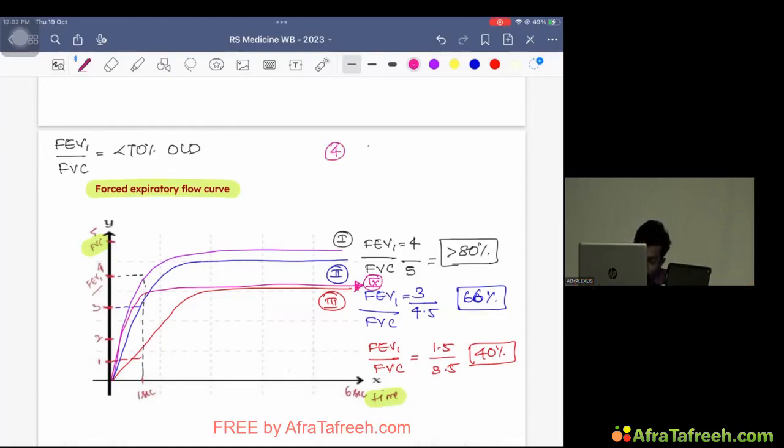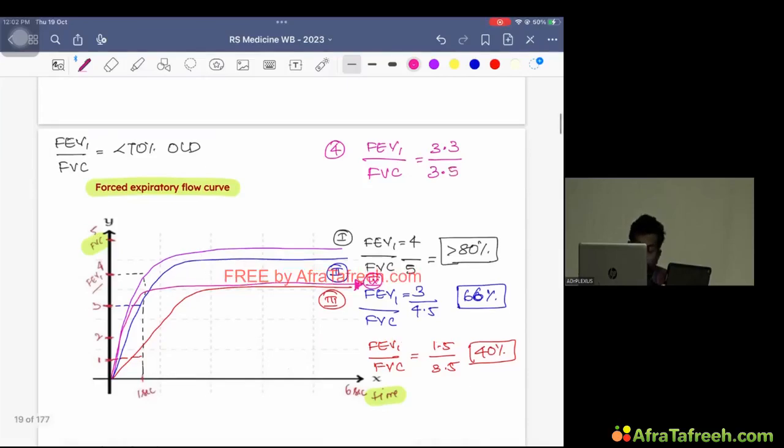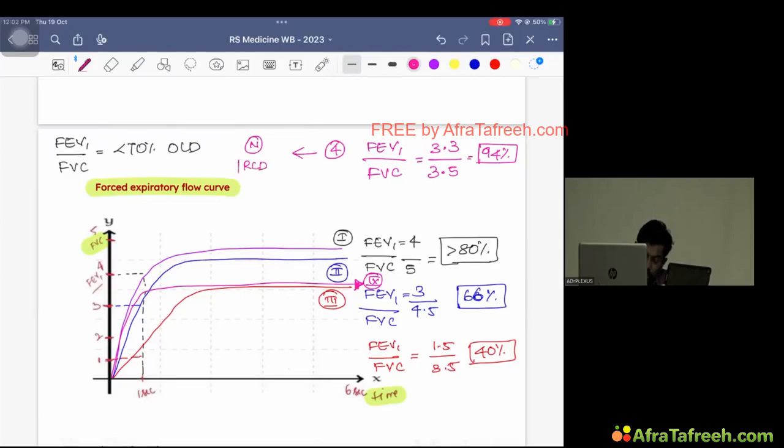If you take FEV1 by FVC, I am going to calculate: FEV1 is 3.3 and FVC is 3.5, for example. Now how much will FEV1 by FVC come to? Around 94%. So what kind of lung disease is this one? It is normal, or it can be a restrictive lung disease also.